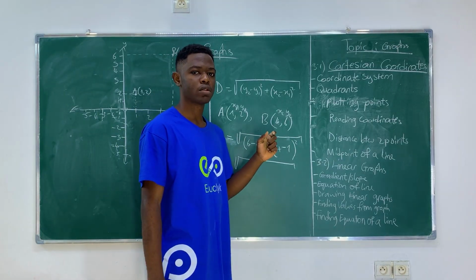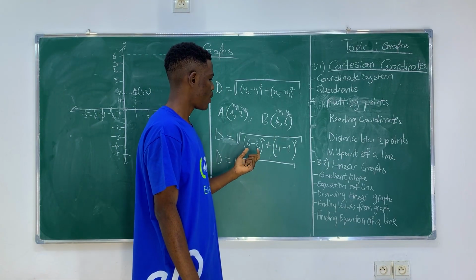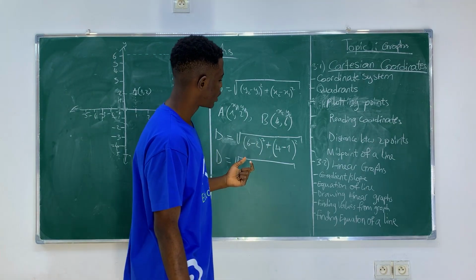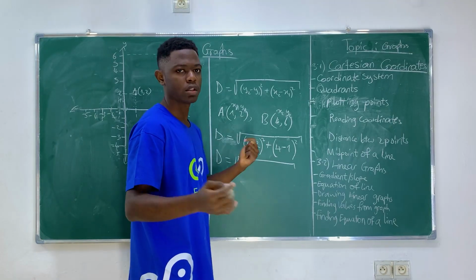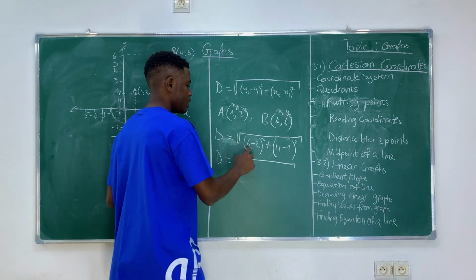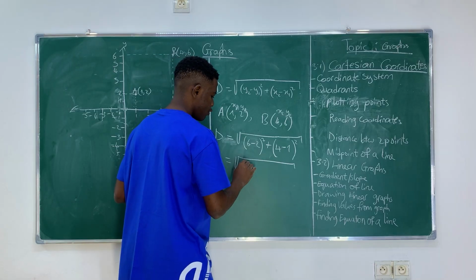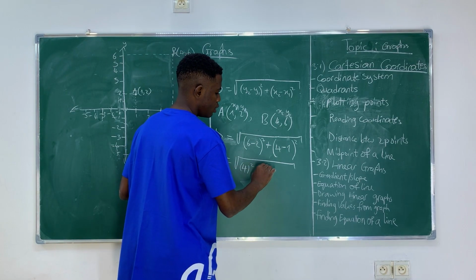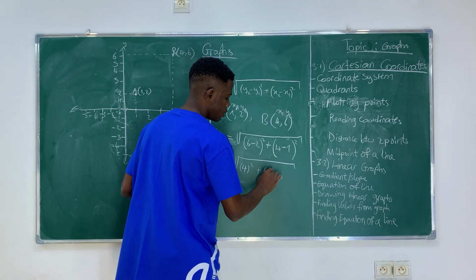In our previous topics, when we were talking about algebra, we taught how to expand the bracket and simplify. You know how to do the square of a number. What is 6 minus 2? 6 minus 2 is 4. We'll have 4 squared. Plus, what is 4 minus 1? 3.